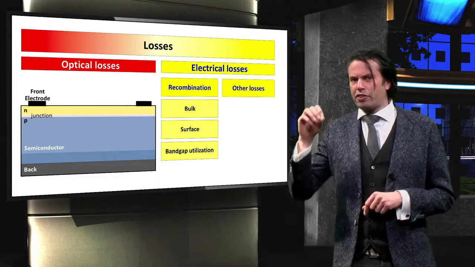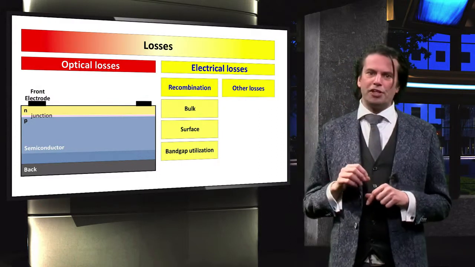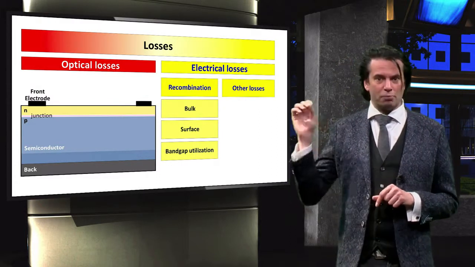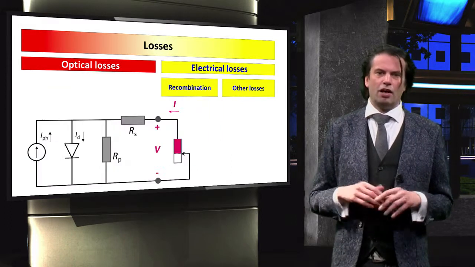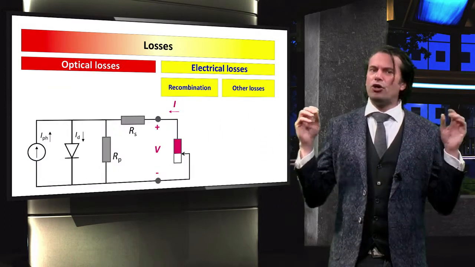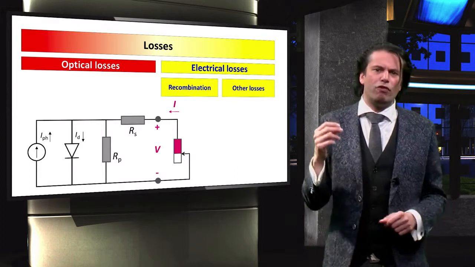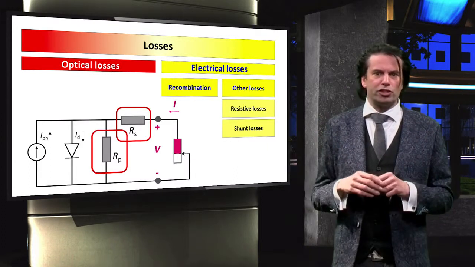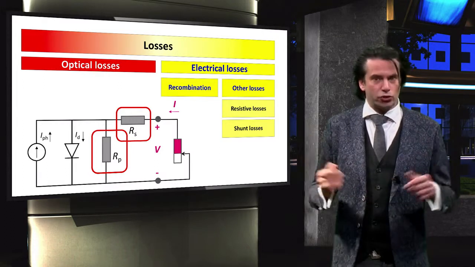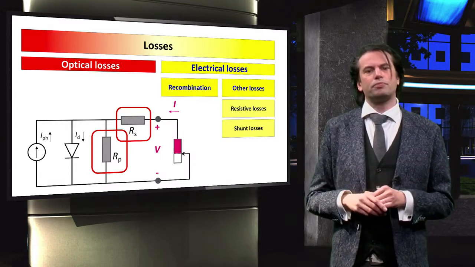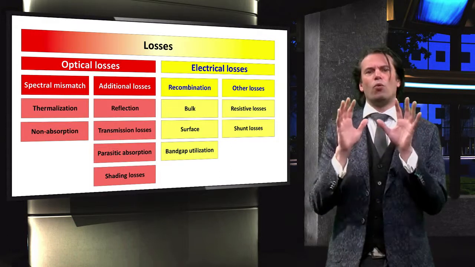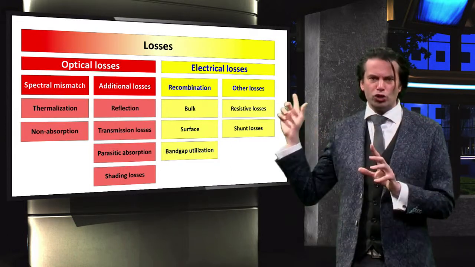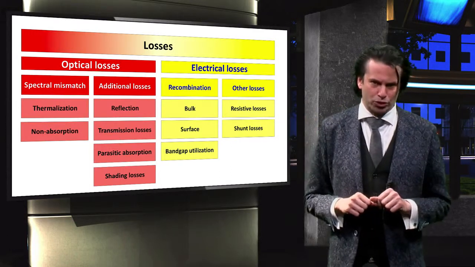We will discuss 3 special cases of recombination in the section on semiconductor physics. Finally, there are the other electrical losses. These involve the resistive losses and the shunt losses we discussed in the video on the equivalent circuit of the solar cell. So this is what the full overview of losses in any type of solar cell looks like.